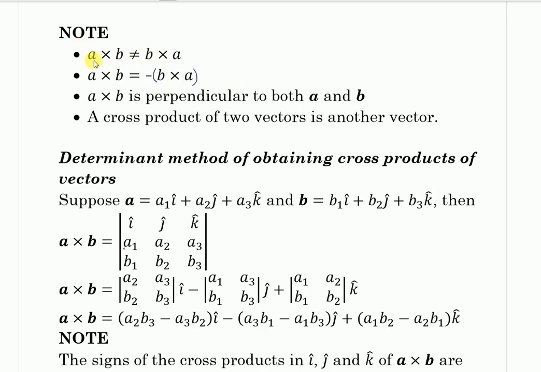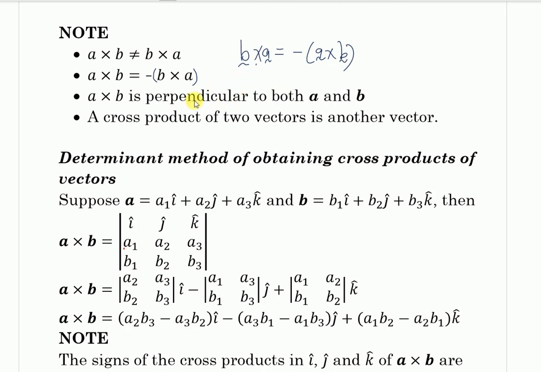When you start with a, instead of starting with b, you get something different. Particularly, you get the negative of the other one. So a cross b gives us a negative of b cross a, and that also means that b crossed with a, you get a negative value of a cross b. That is what we need to take note of.